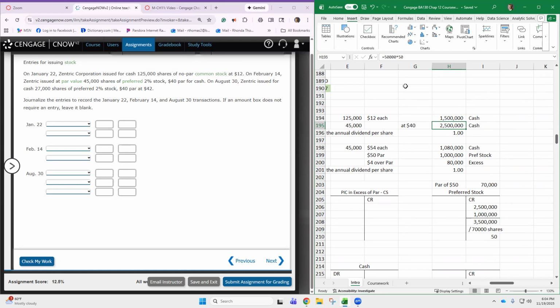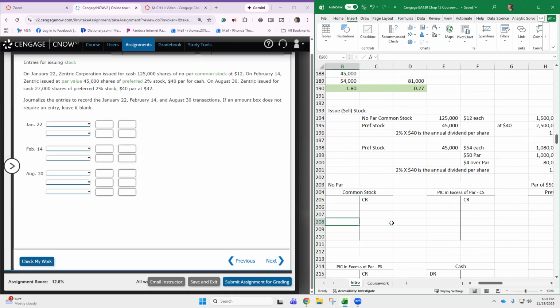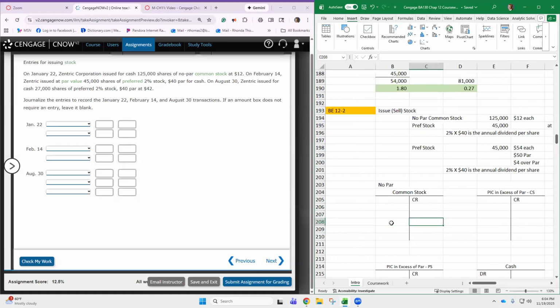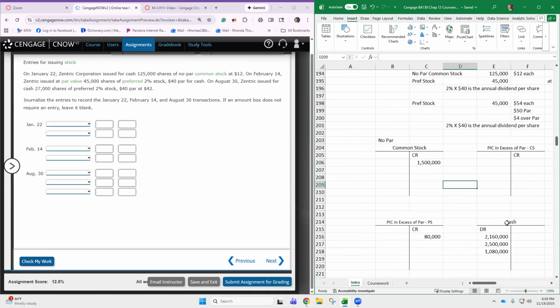So 1,500,000 in cash just came in from selling. Okay, so we're going to put 1,500,000 in common stock. Okay, there is no par. So there is no excess of it. The cash that came in from the sale is 1,500,000.